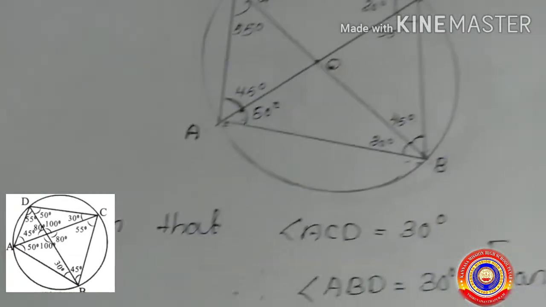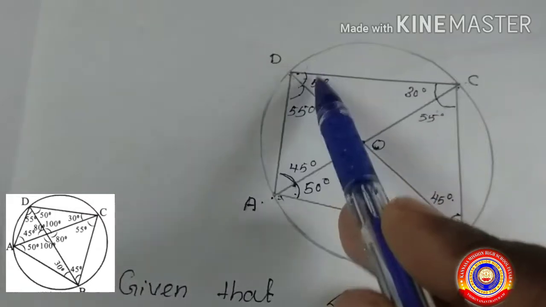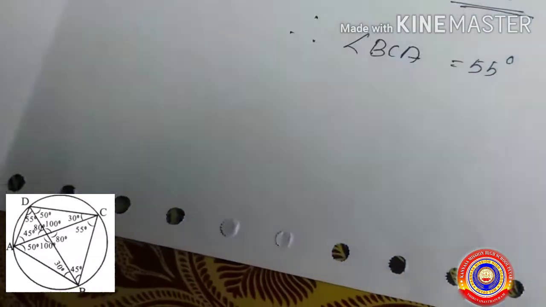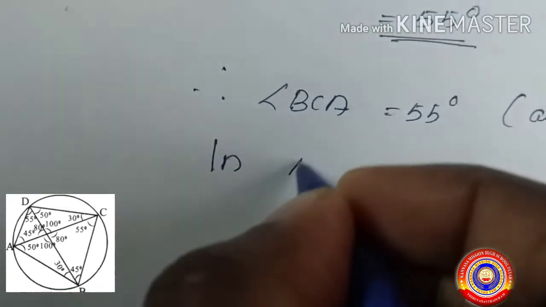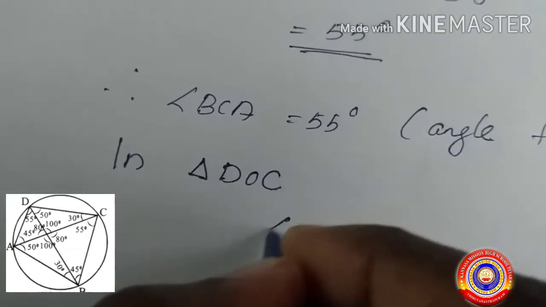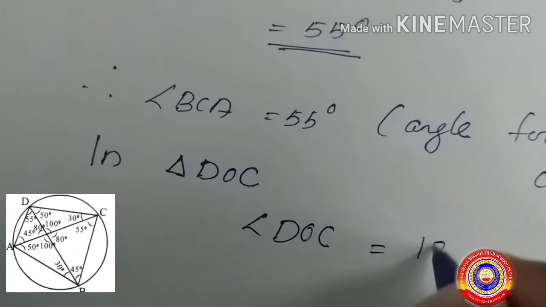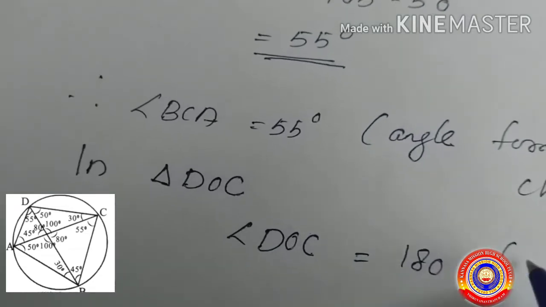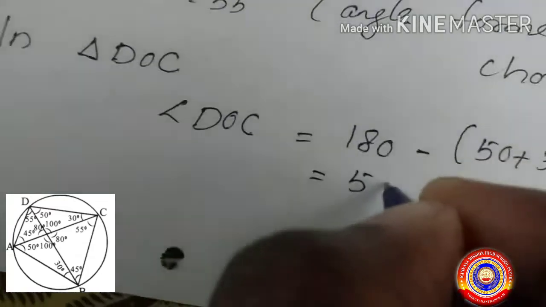Next we have to find the angles at their diagonals. For that, first we consider triangle DOC. In triangle DOC, angle DOC equals 180 minus (50 plus 30). Two angles are given there, 50 and 30.